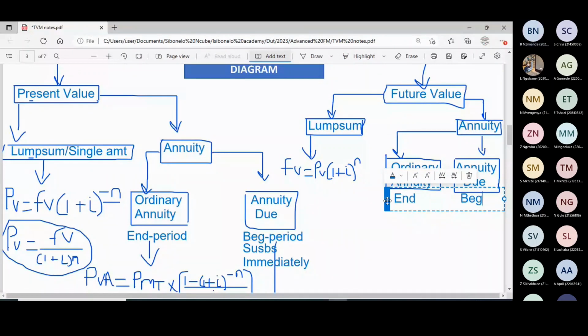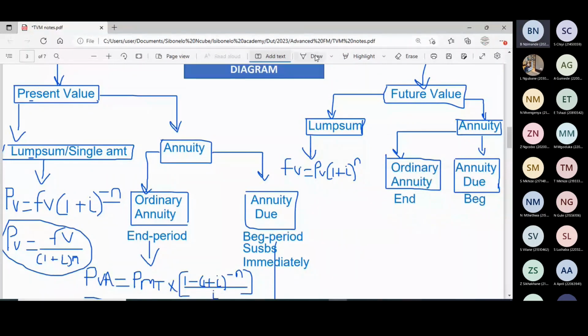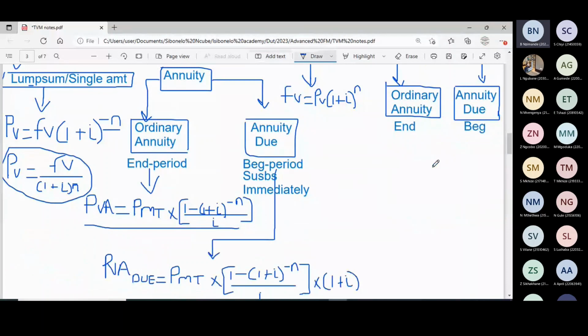And then the formulas. What is the formula to calculate the future value of an ordinary annuity? That is FVA, future value of an annuity.